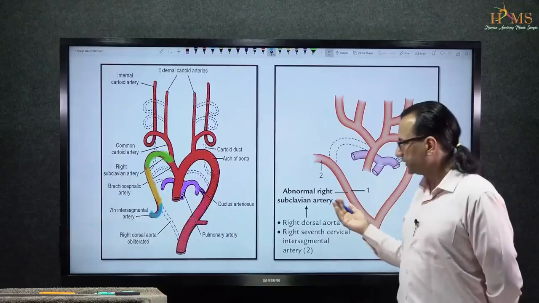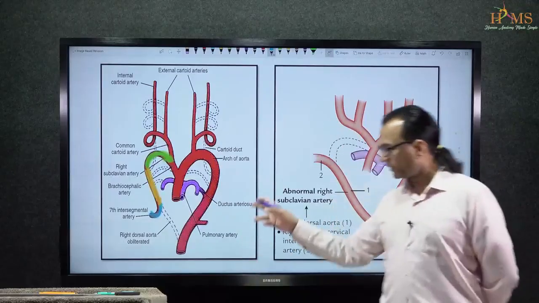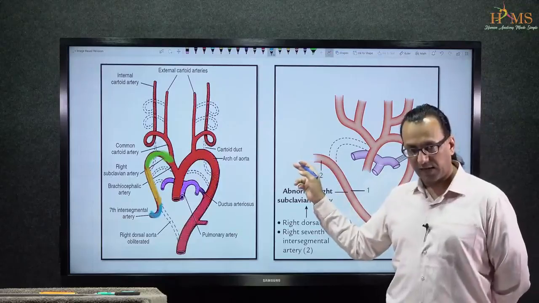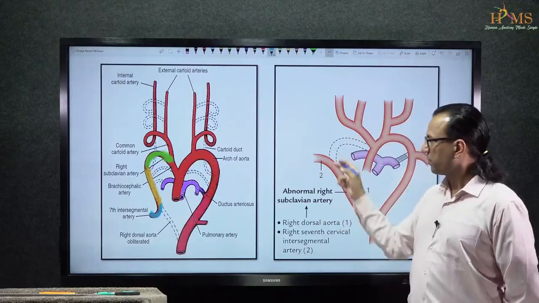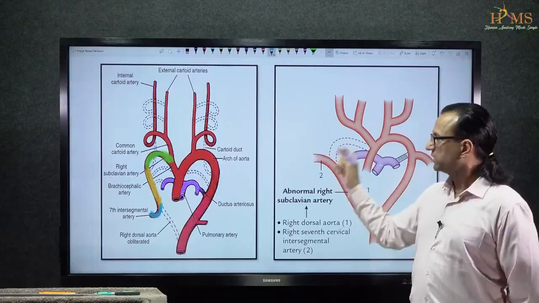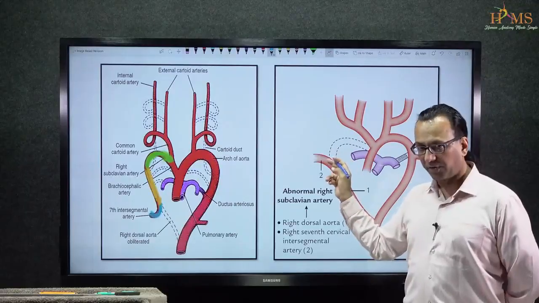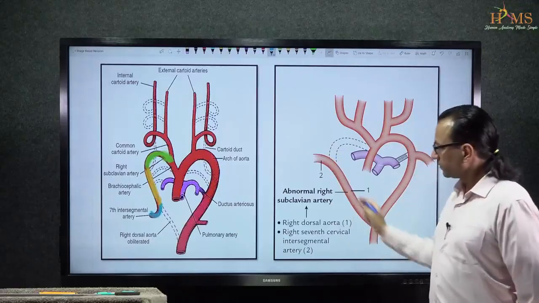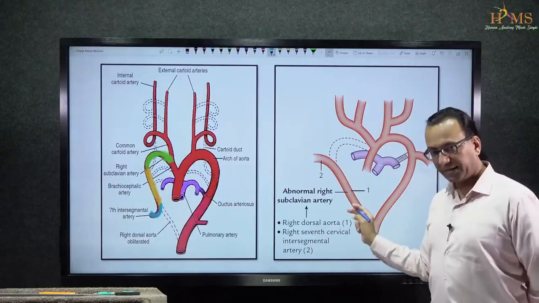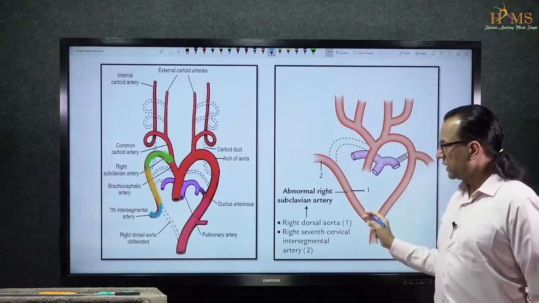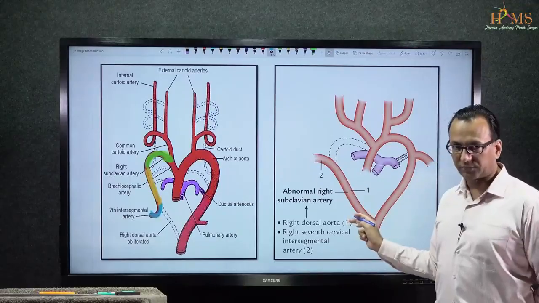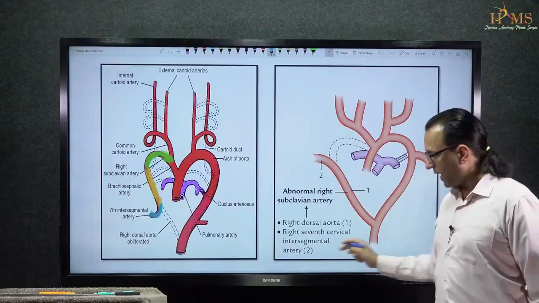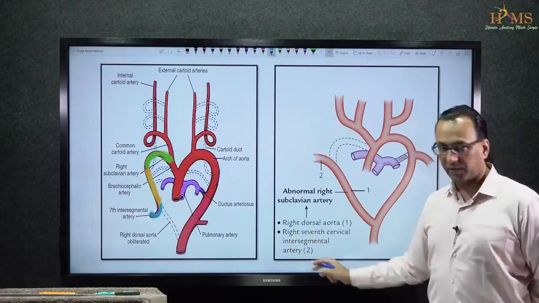Now here what happened is that the right subclavian artery is aberrant or abnormal, contributed by intersegmental artery number 7 as usual, but the proximal contributions have disappeared, which is the right-sided 4th arch artery and the proximal dorsal aorta on the right side. In fact, the distal dorsal aorta is persisting on the right side, and there are 2 contributions for this kind of subclavian artery. There is right dorsal aorta distally, which is persisting, and then there is right intersegmental artery number 7.